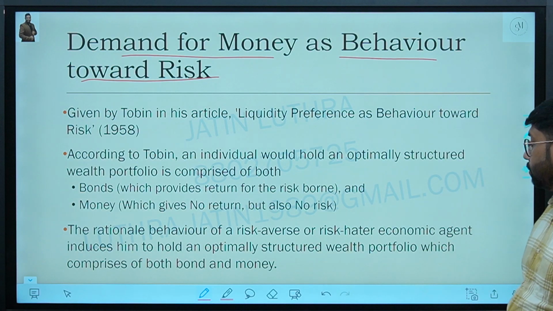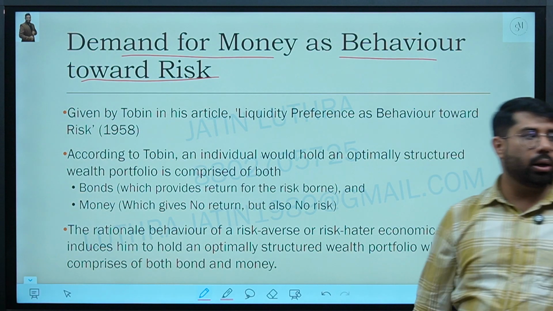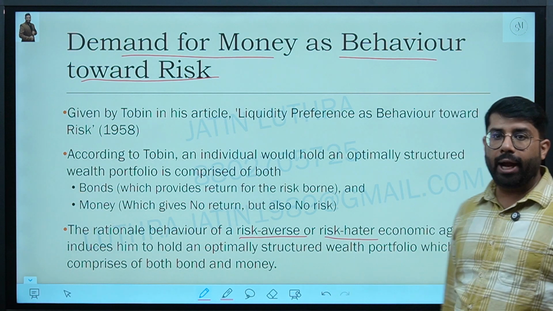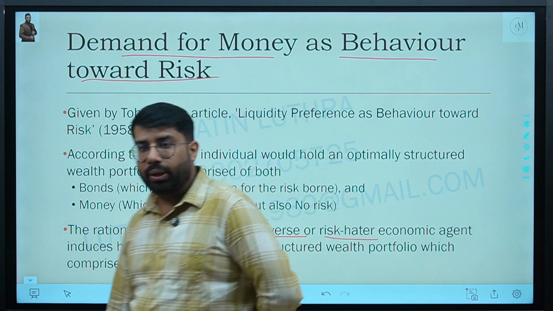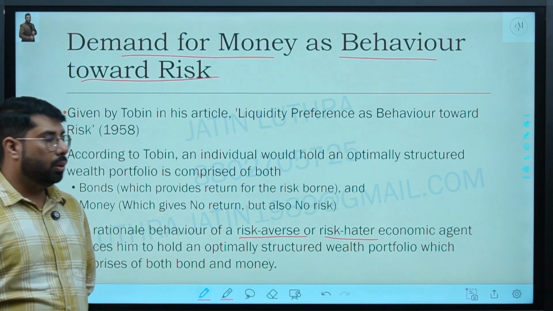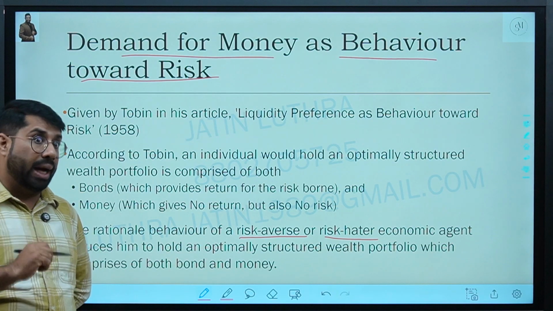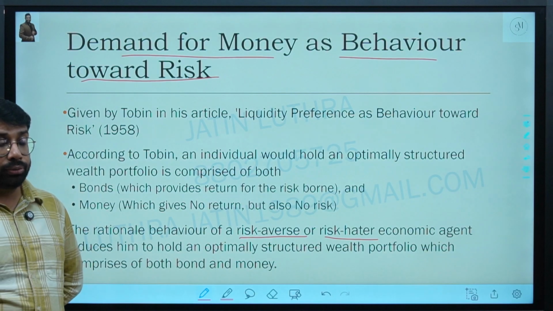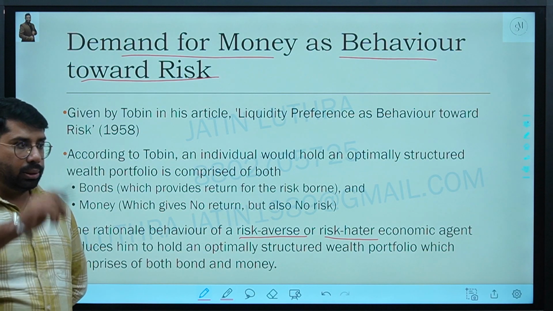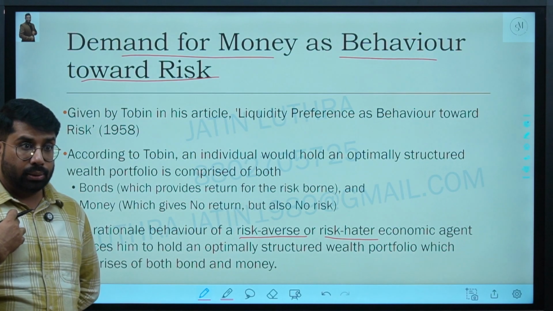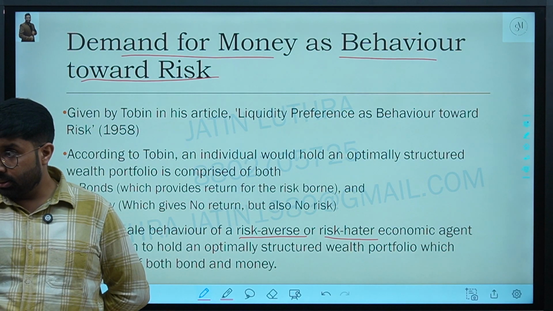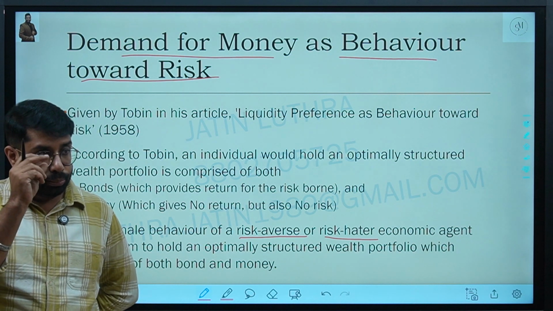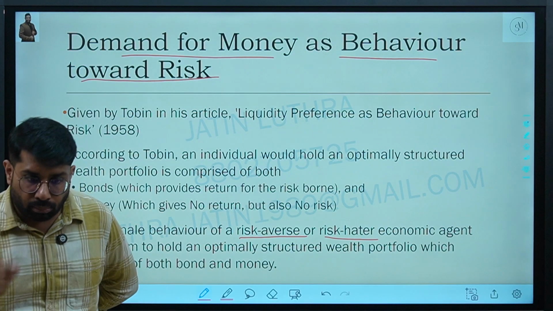Are we clear? Yes or no? Yes. There is one more point to be understood here. Sometimes a risk averse person, a risk hater, will also keep an optimal structure of cash and inventory. That optimal structure will be in such a way that the assets he is buying will be less, so that he earns a bit of return, and he will put his opportunity cost to the minimum point.